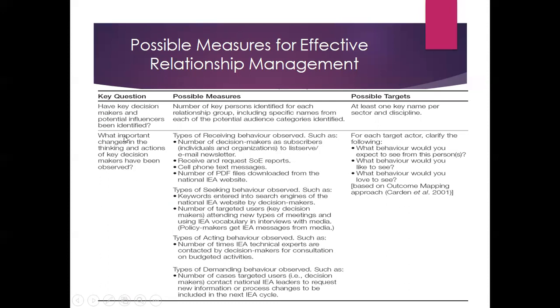So let's pull out from here. What important changes in the thinking and actions of key decision makers have been observed? So you're looking to see if there's any information that you could pull out about the change in thinking and actions. Types of receiving behavior observed, such as the number of decision makers as subscribers to listserv or email newsletters.